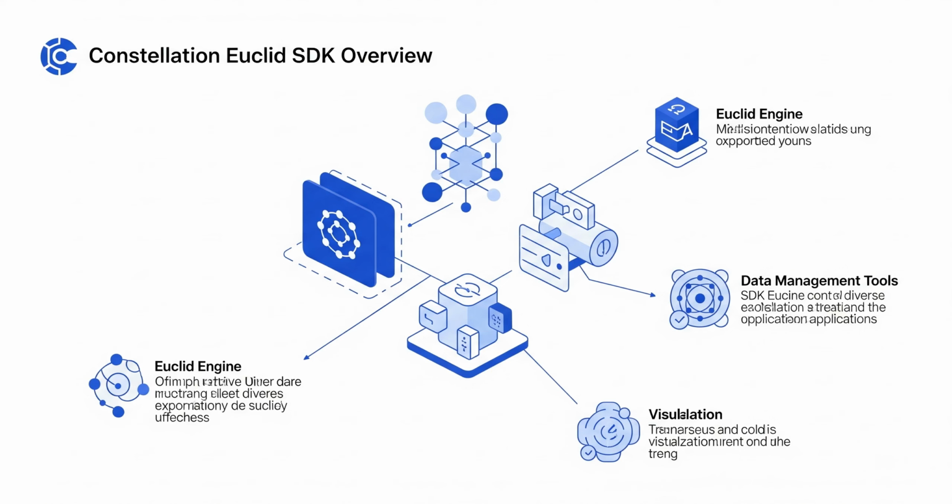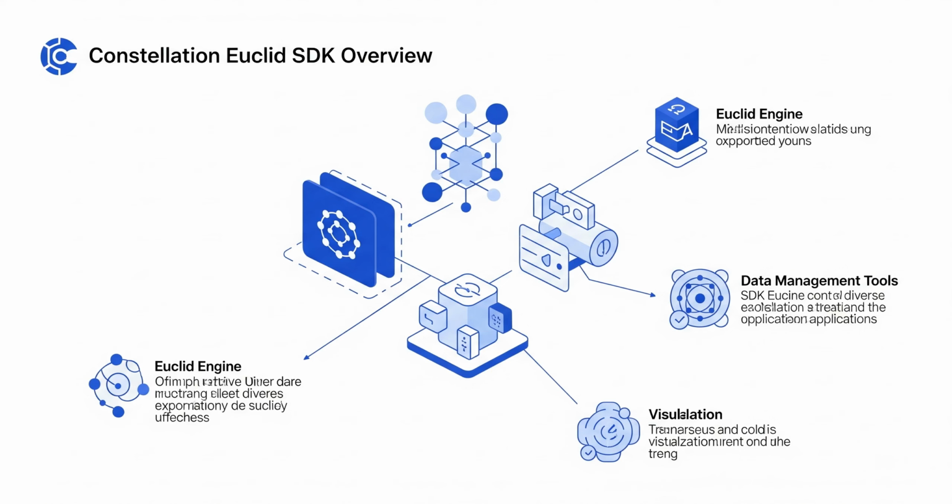So complete customization of network behavior, let's make that real. What could a developer do with that kind of power that they maybe couldn't do easily elsewhere? Okay, good question. Imagine you're building a secure voting dApp. With Euclid, you could potentially design your own consensus mechanism, one maybe specifically tuned for election integrity, maybe with fraud detection logic baked right in, something that's not standard on generic platforms.